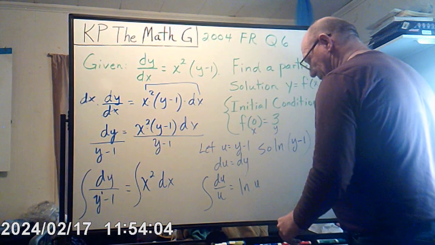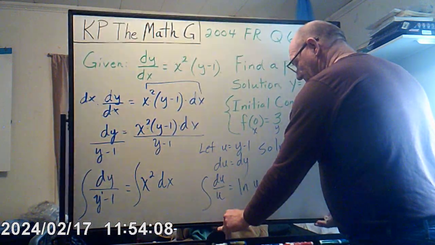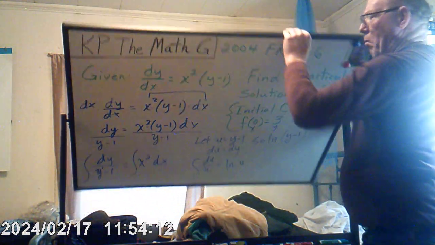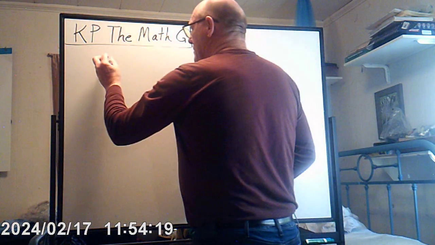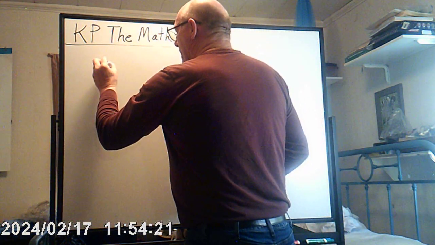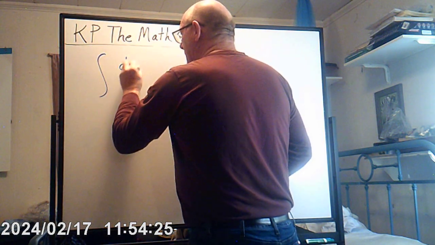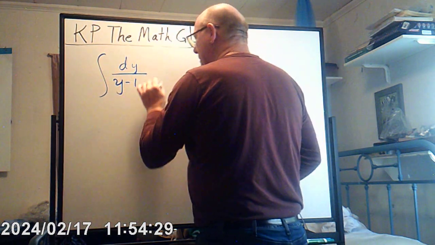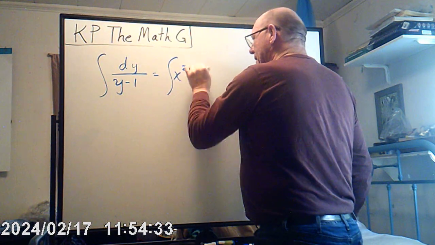Alright, x squared dx. So what we had is we integrated dy over y minus 1 is equal to x squared dx.